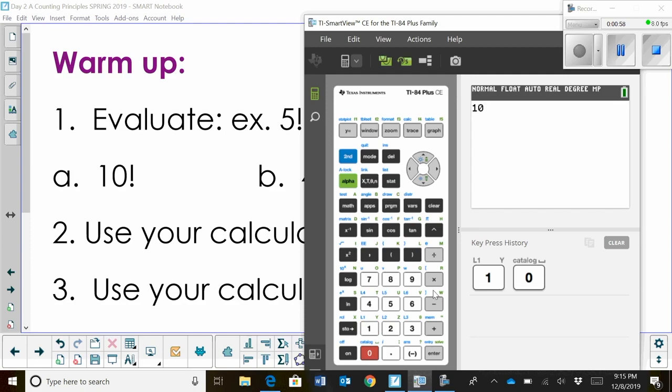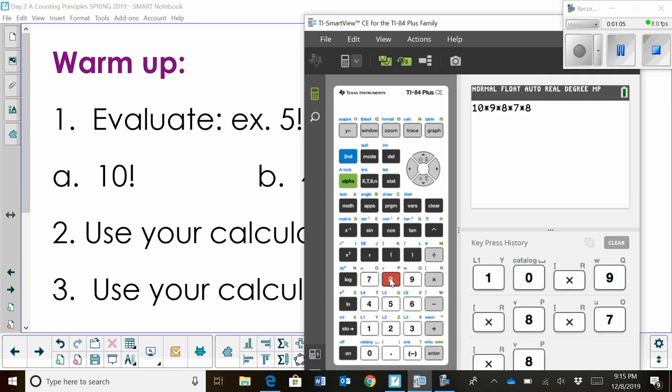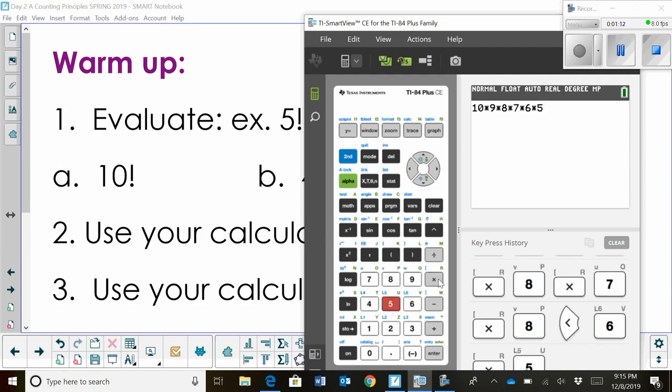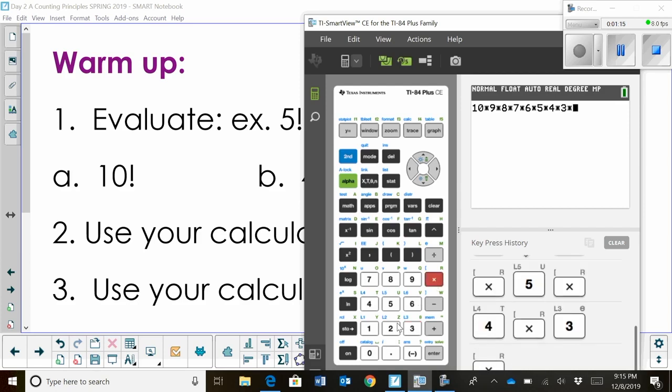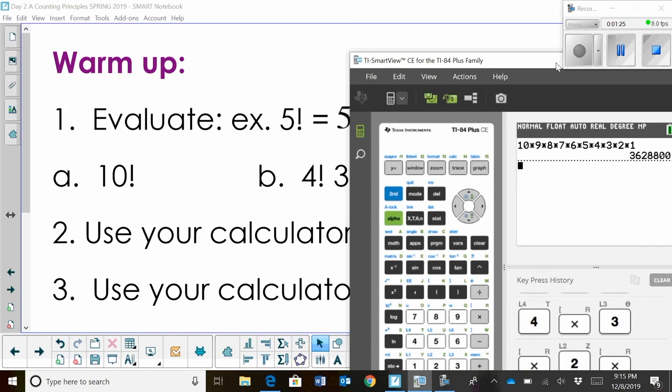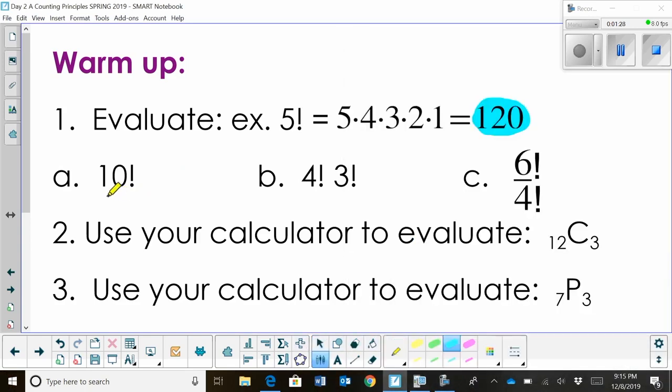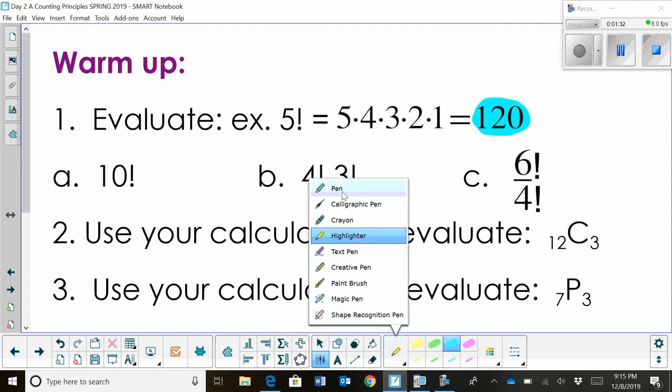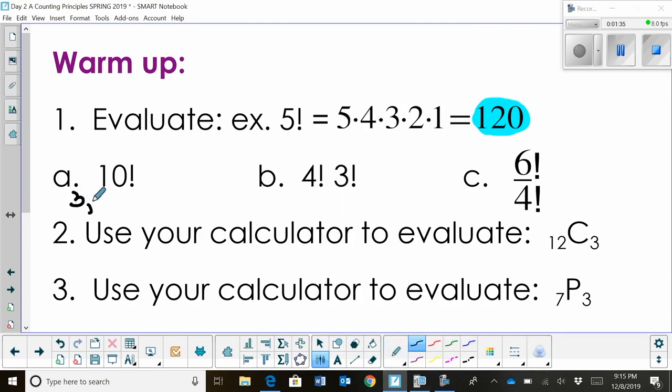So you have 10 times 9 times 8 times 7 times 6 times 5 times 4 times 3 times 2, and of course times 1 won't change it, but we'll put it up there. So what is that? 3,628,800.